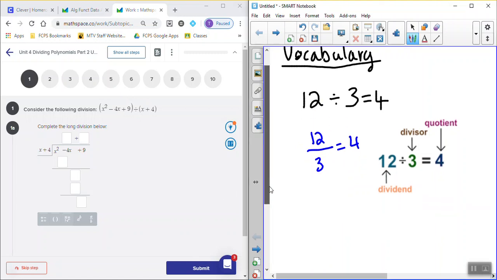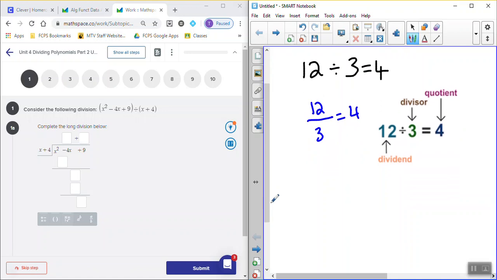And also, here's another example. This was example 1. Another example would be 16 divided by 3. We know that 3 doesn't go into 16 evenly, right?